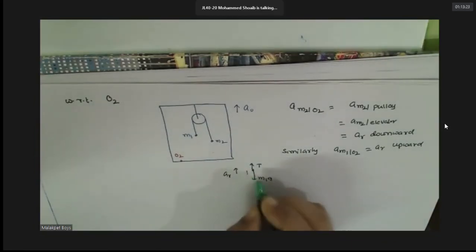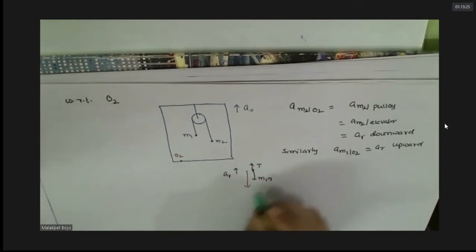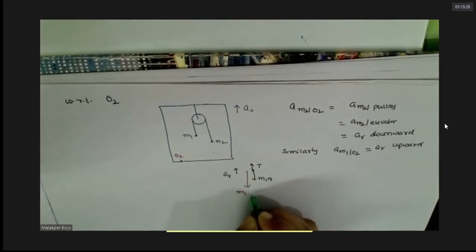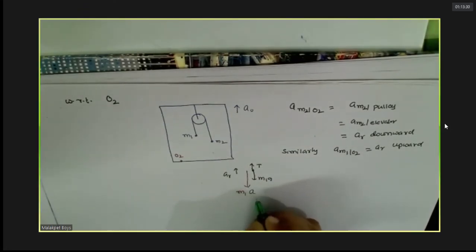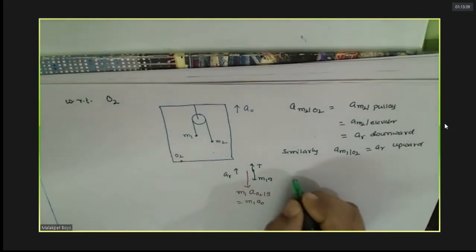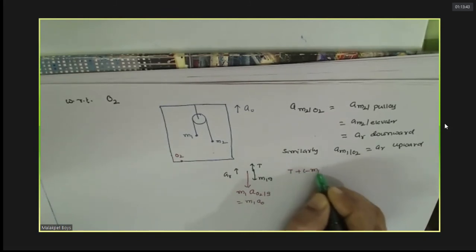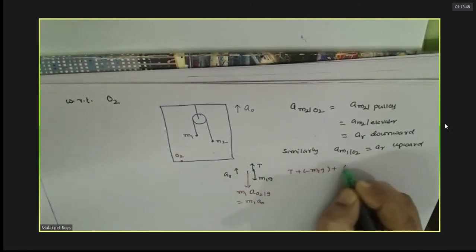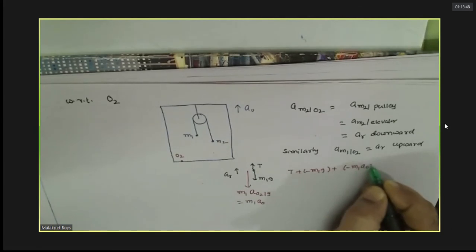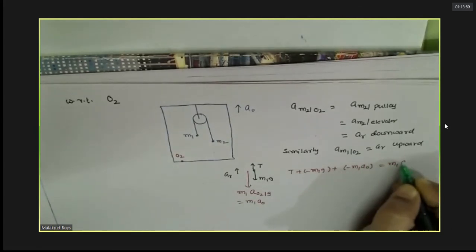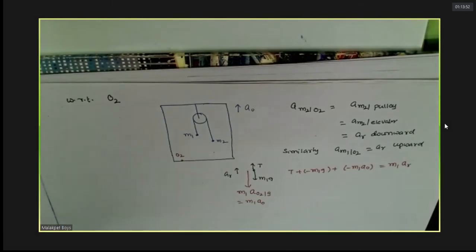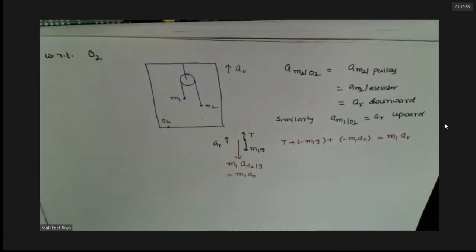Pseudo force, into the acceleration of O2 with respect to ground, that is M1 into A0. Agreed. So he writes T minus M1G minus M1A0 is M1AR. Do you agree with this? Yes, sir.